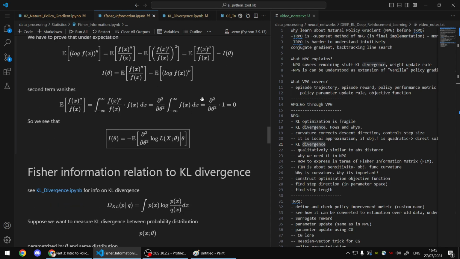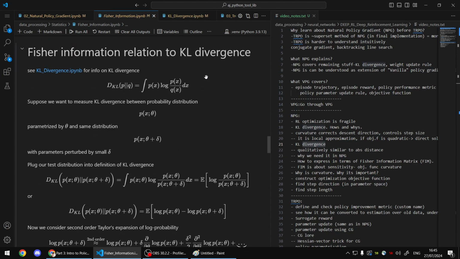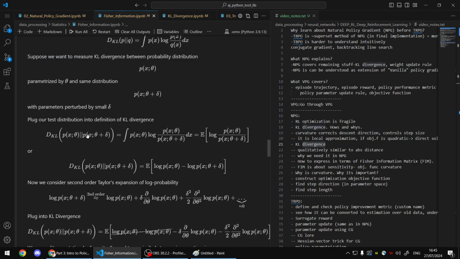Actually, we will use this for TRPO. Our goal will be to compare a policy and a policy that's a little bit perturbed.